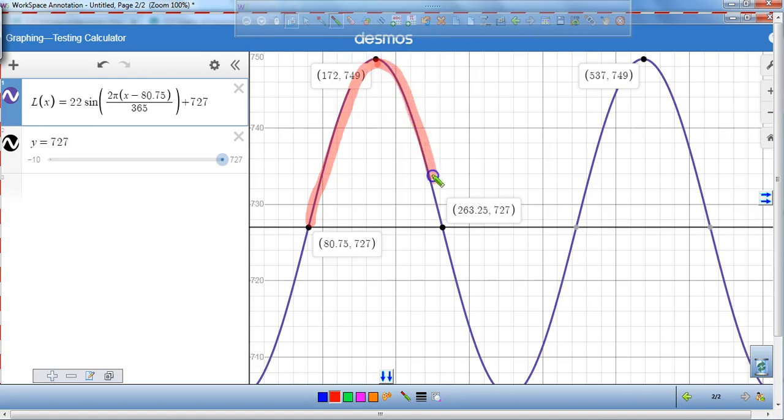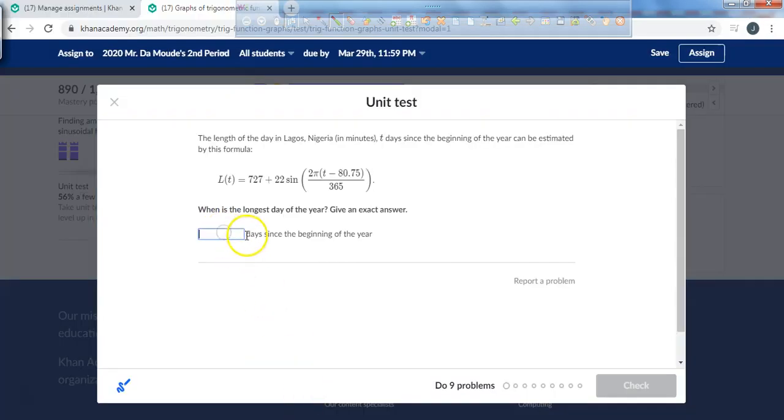We're going to go back down, and then eventually go back up to the midline. So this is your positive sine graph when I was talking to you guys about the positive sine graph. So this is going to be the answer I'm going to type in, because you can clearly see that's the maximum height, 172 days since the beginning of the year.